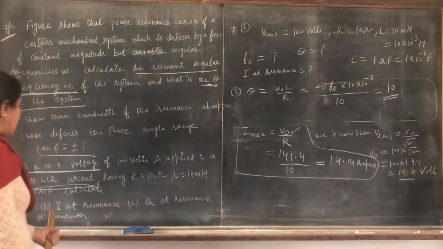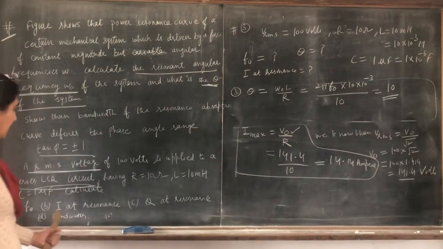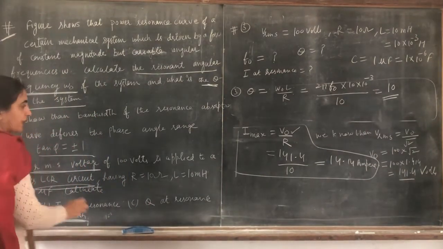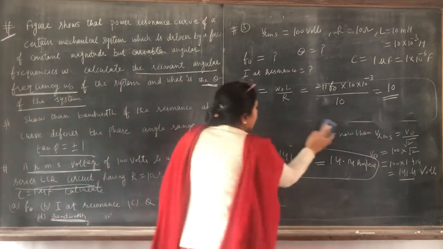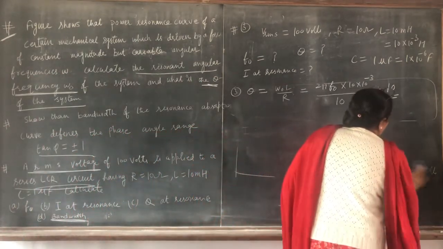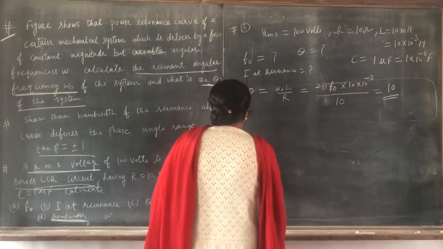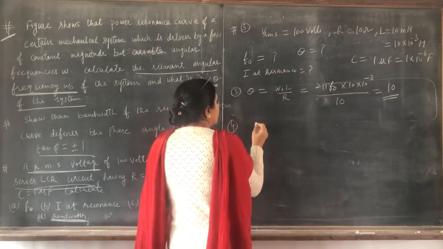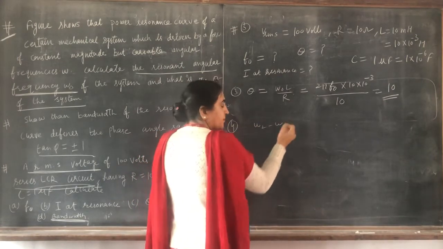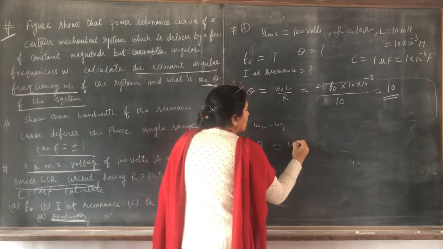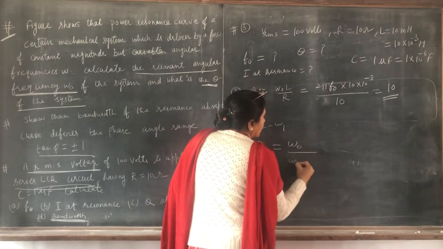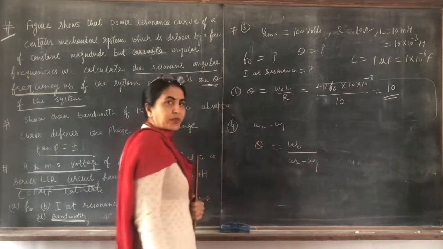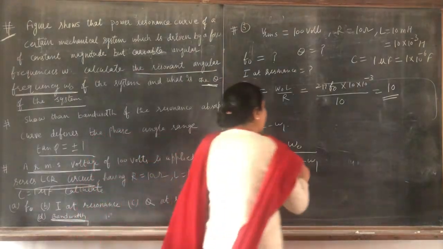Now fourth is bandwidth of the circuit. Bandwidth is equal to omega 2 minus omega 1. Q is equal to omega naught over omega 2 minus omega 1. Clear? So we have to find the bandwidth.